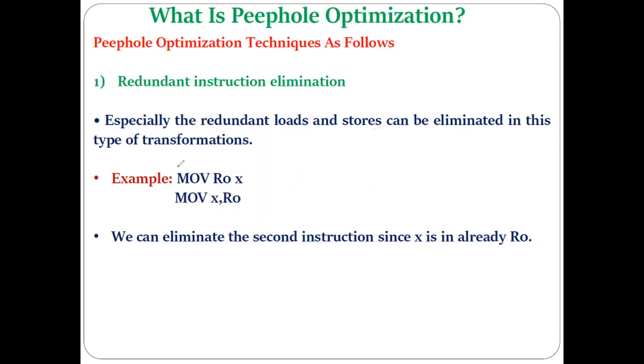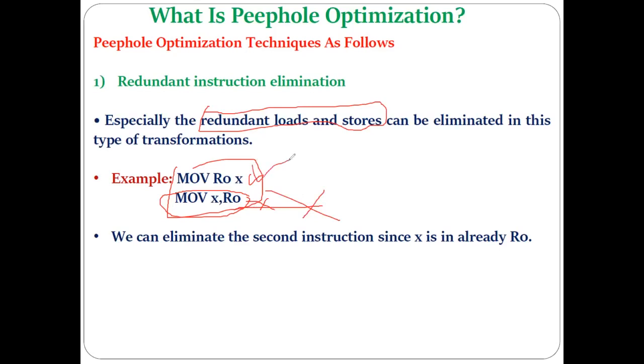So in this short sequence of code, there is a redundant load and store instruction. And what is that instruction? This second instruction. Because using the first instruction you are moving X into R0, and the result of the second is also moving X into R0. Then why is there a need for the second instruction? Understood? So you can eliminate the second; that is redundant instruction elimination as a part of peephole optimization.